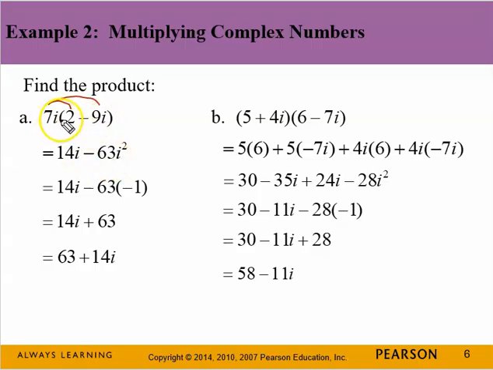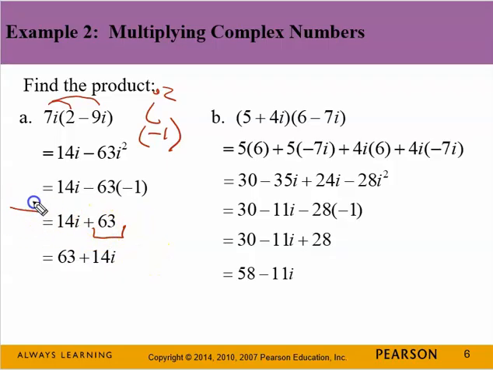But now i times i gives us i squared. Now, you never leave i squared as an answer, because we know that i squared is a negative 1. So now we multiply this negative 63 by i squared, which is a negative 1, which gives us a positive 63.